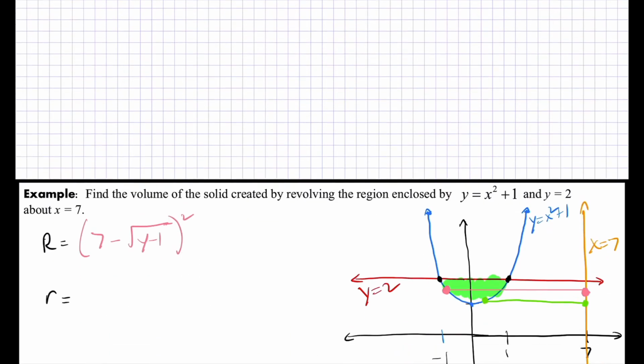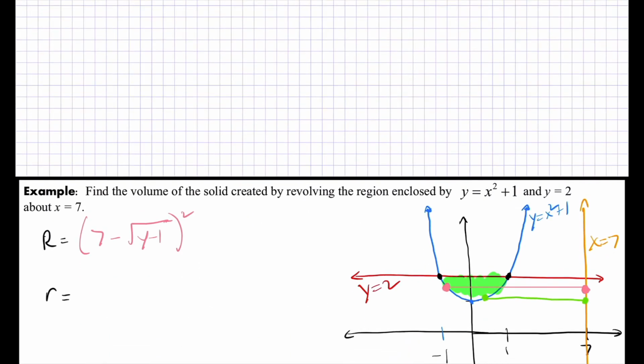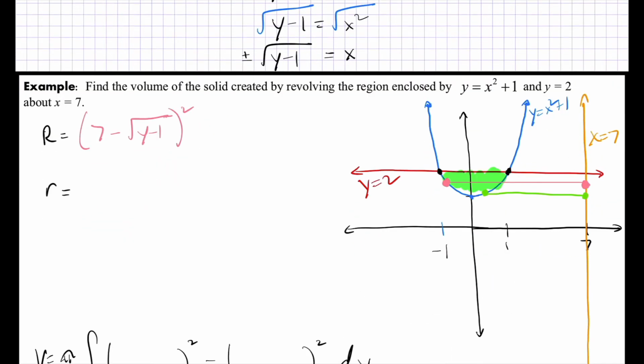Let me double check. Because y equals x squared plus 1, right? And then you solve for x, so you get y minus 1 equals x squared. And then you solve for x. So you get x equals, oh, I see what you mean, because of the plus and minus.